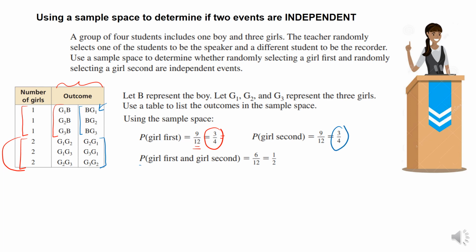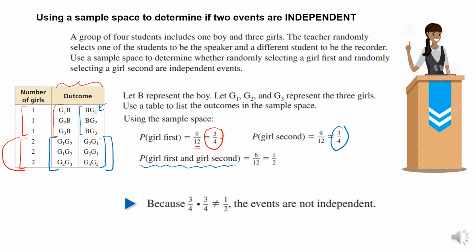Now what we're going to do is look at the very specific one, girl first and girl second, and there are 6 of those possibilities. You can see them right here. So it's 6 out of 12 equals 1/2. So now we're going to use that formula, the P of A and B. So these have to be multiplied together.